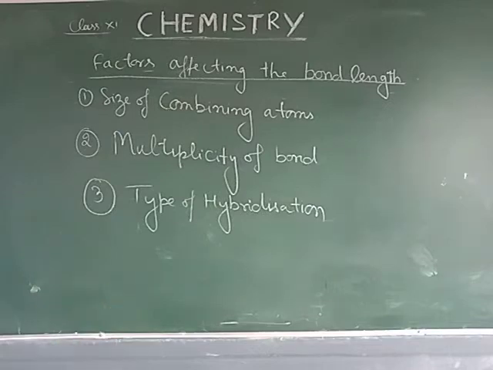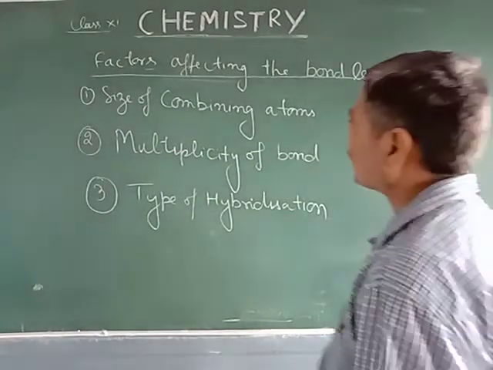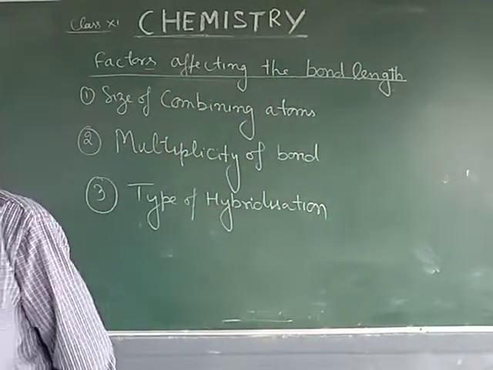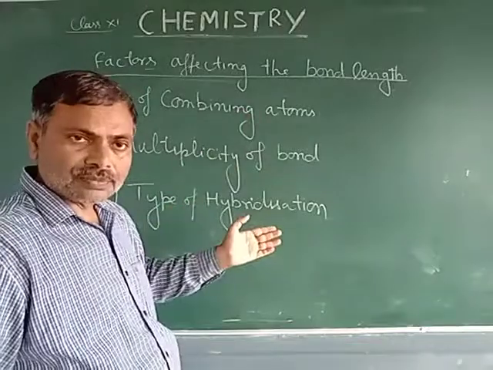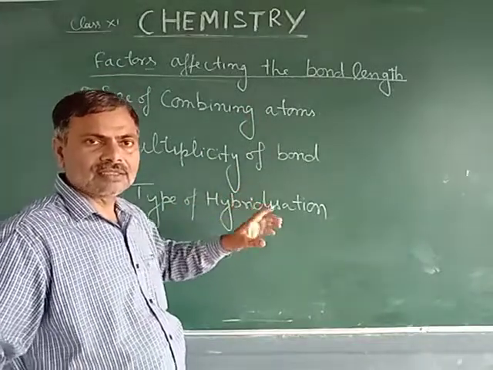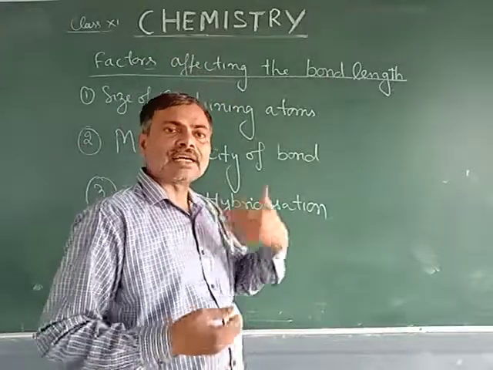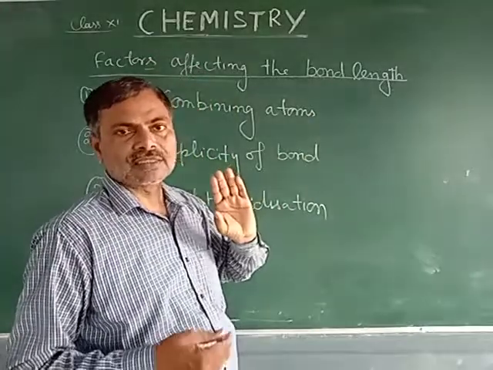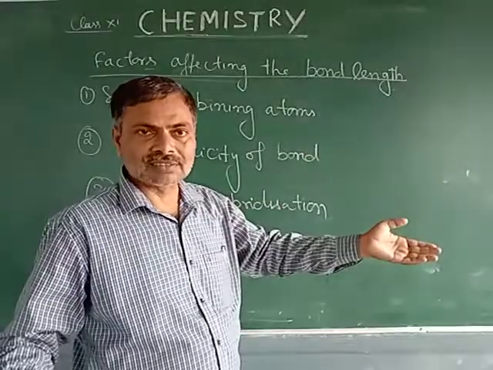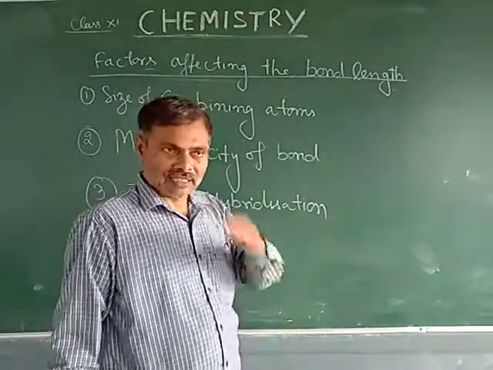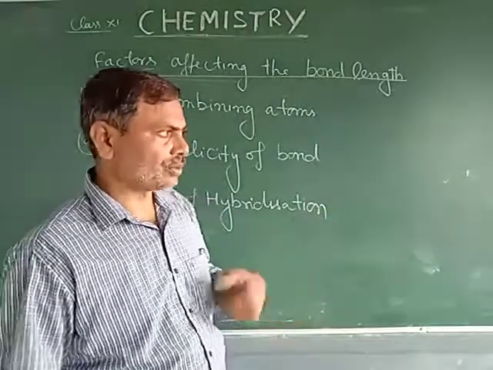How does the size of the atom affect the bond length? The more the size of the atom, greater is the bond length. Atom जितना बड़ा होगा, bond length उतनी ही ज़्यादा होगी. Understand? Great. Size of the atom is more, then bond length will be more.